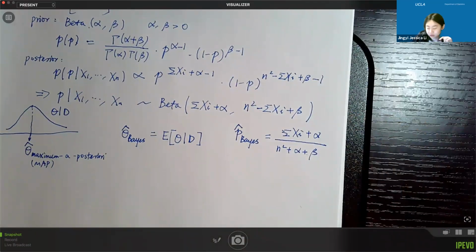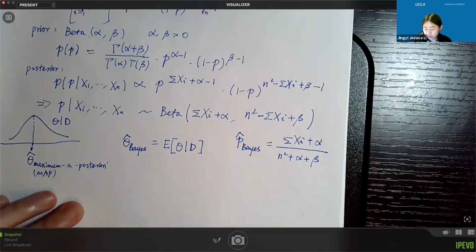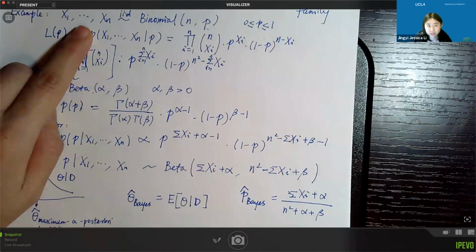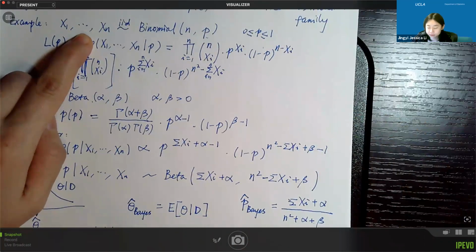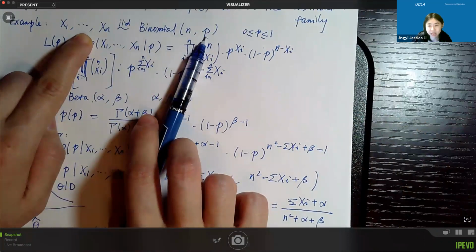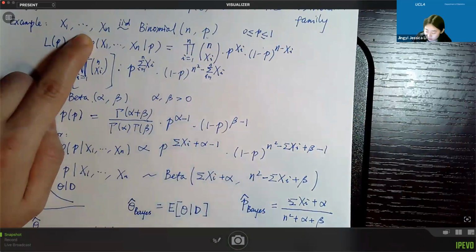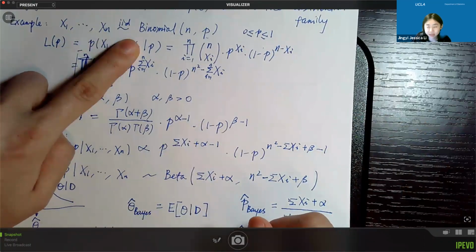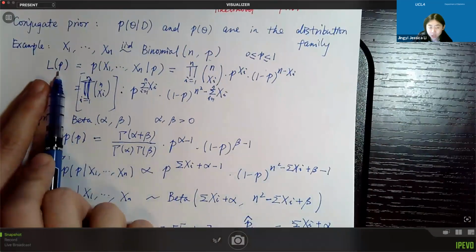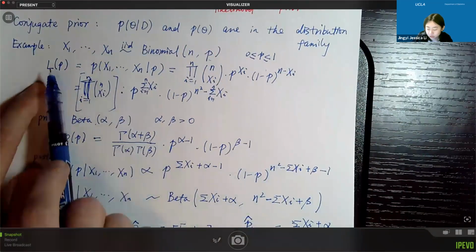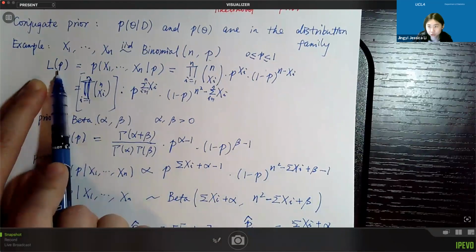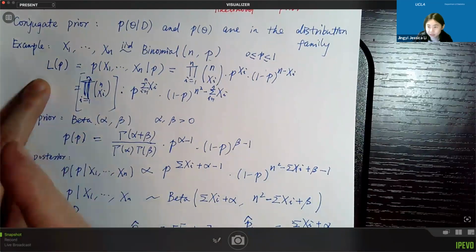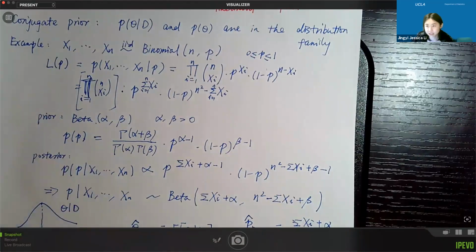Okay, that will be the Bayes estimator. But if you compare it with the original data distribution, if I just do the maximum likelihood estimation, I didn't talk about it, but basically you try to find the value p that maximizes this likelihood function of p. This is something the 100B class covered.